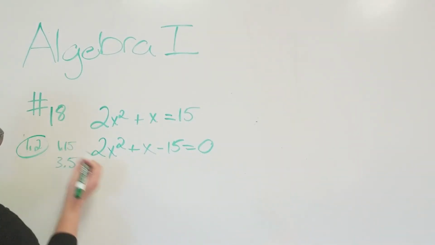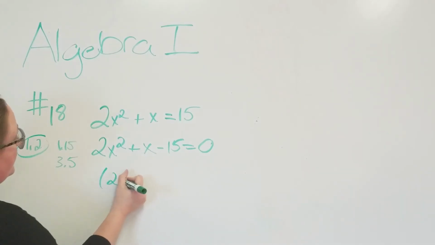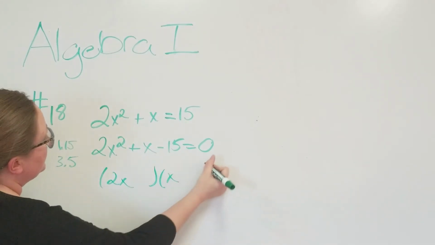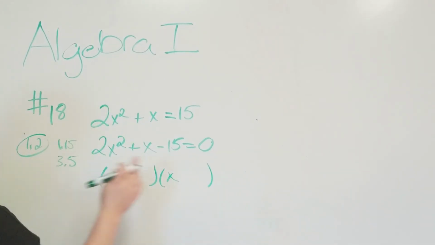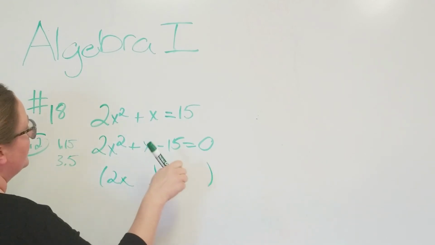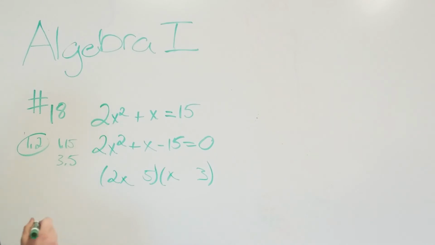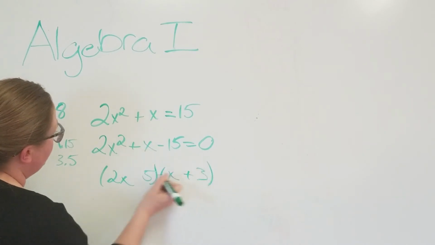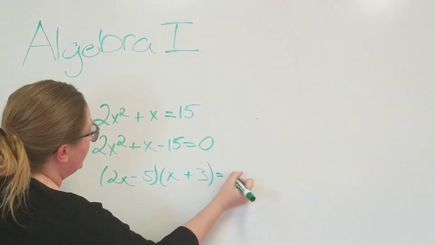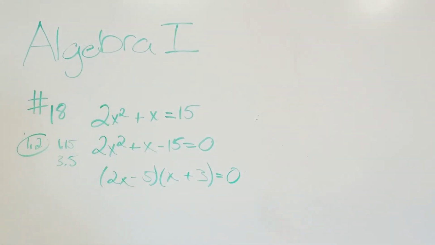So these are my first terms. I'm going to have a 2x and a 1x. And then I want to multiply the 2 by the 3. So I'm going to put the 3 all the way over here. So outer I get 6. In the middle I get 5. And I want a positive 1 in the middle. So that means my bigger number, which is 6, needs to be positive. I'm going to subtract the smaller. Equals 0.